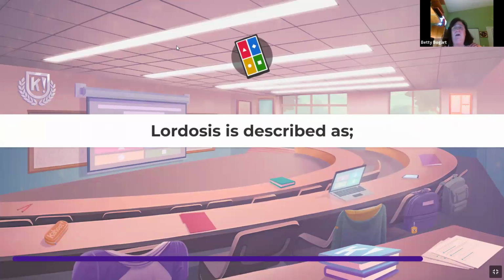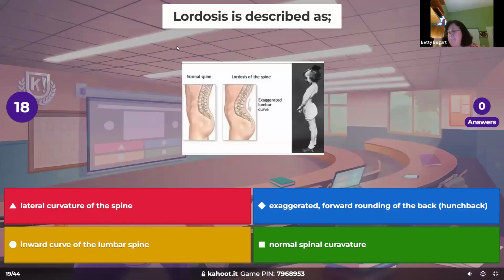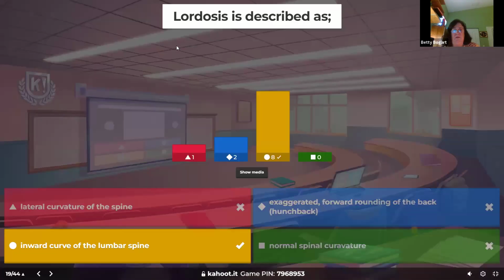Lordosis is described as that inward curvature of that lumbar spine. We do see that with Duchenne muscular dystrophy.